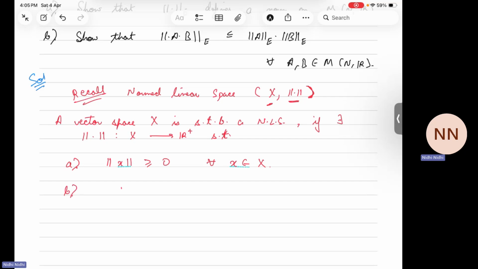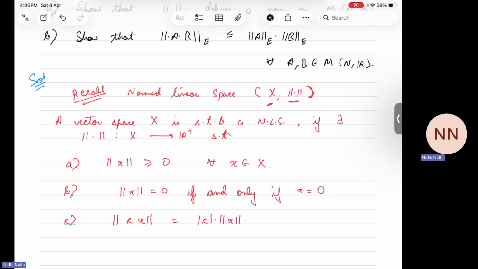Then we have the property that this is 0 if and only if the vector is 0 itself. Then we have the property of scalar multiplication. Suppose c is some element from the field, then the norm of cx is equal to mod c times norm x.